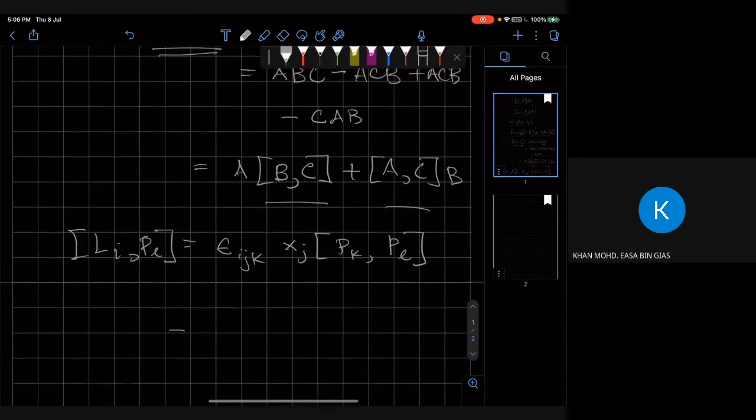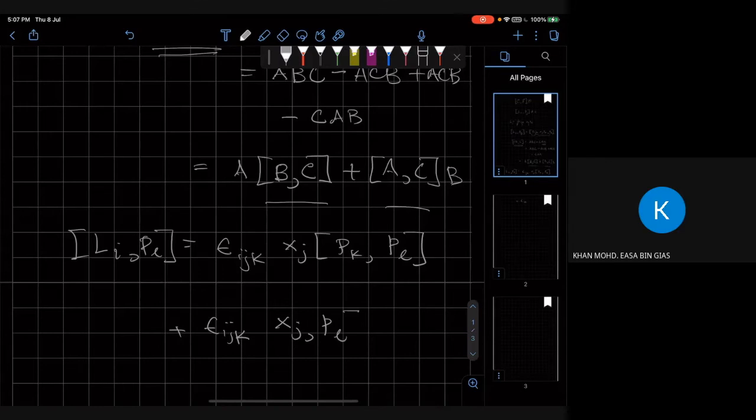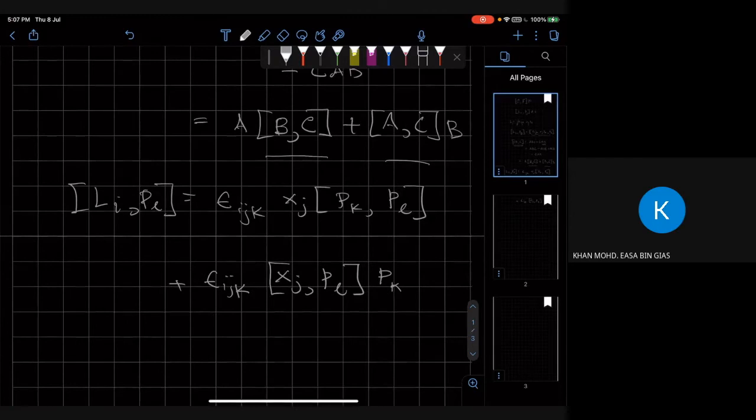And then there'll be another term, which will also have epsilon_ijk, and then it'll be the commutator of x_j with p_l, and then there'll be p_k. But we know that the different components of the linear momentum commute with each other. So this is going to be 0.